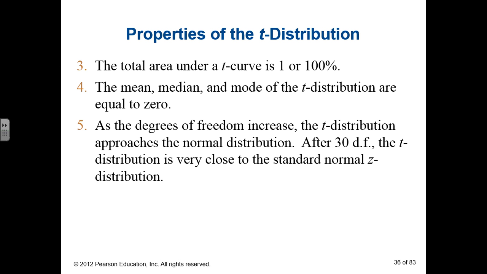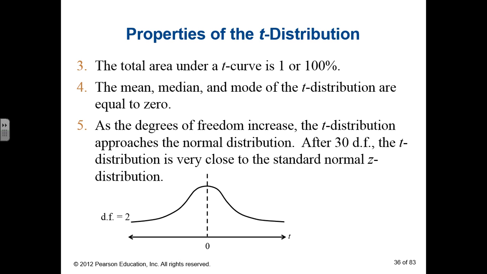And as the degrees of freedom increase, as the sample size gets closer and closer to 30, the t-distribution gets closer and closer to the standard normal distribution. So, for example, suppose degrees of freedom is 2, which remember means that the sample size was 3. You see how it's got very high tails and it is fairly short.